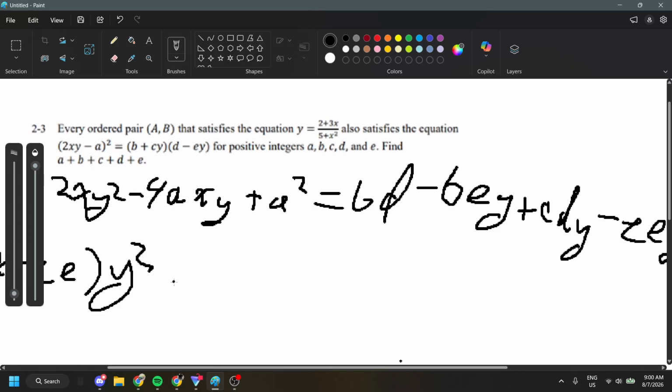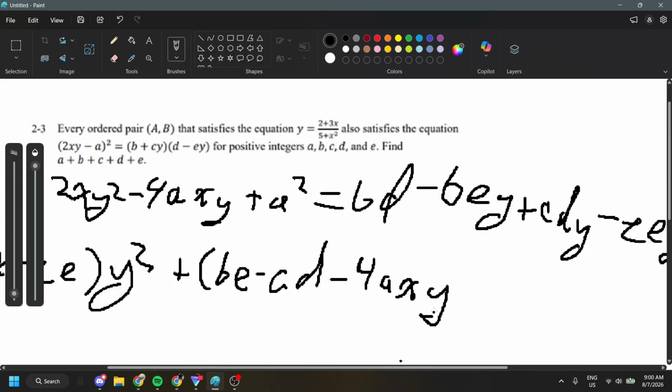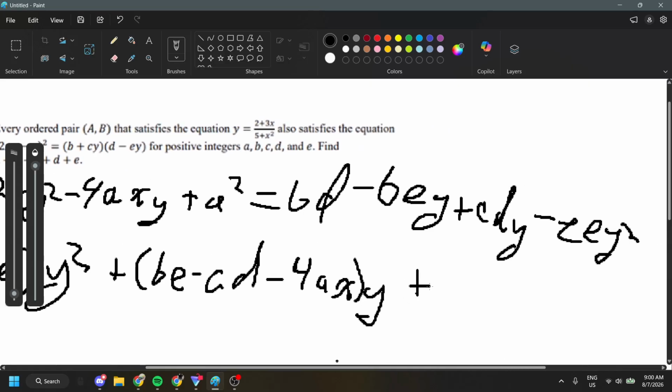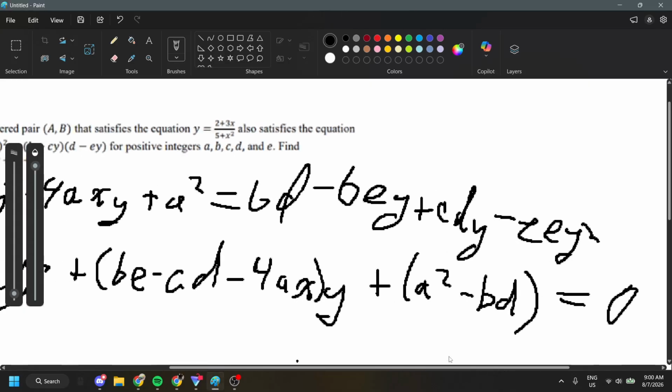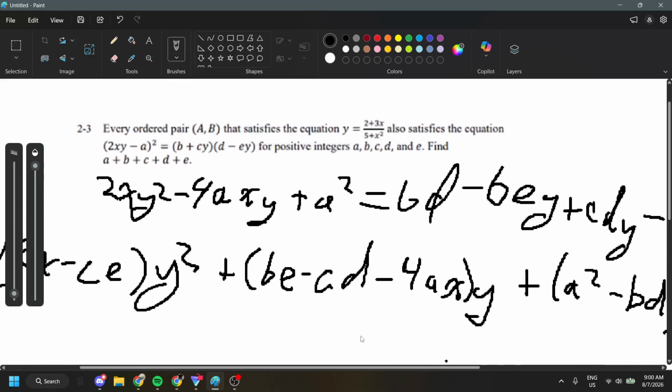Then we have plus be minus cd minus 4axy plus a squared minus bd is equal to 0. Okay, now we can isolate for y.